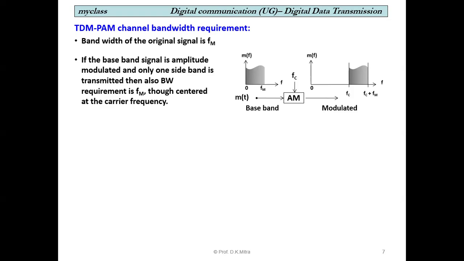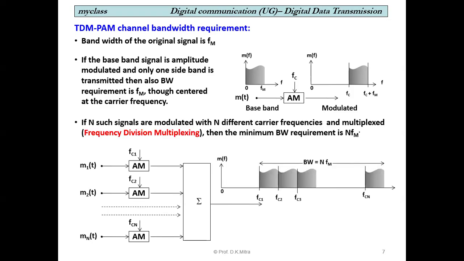But when you do PAM, then what happens? First, in modulation, if you do frequency division multiplexing, then what happens? You have M1, M2 up to MN, n different signals, all band limited to FM. Then you use n carriers, FC1, FC2 up to FCN.